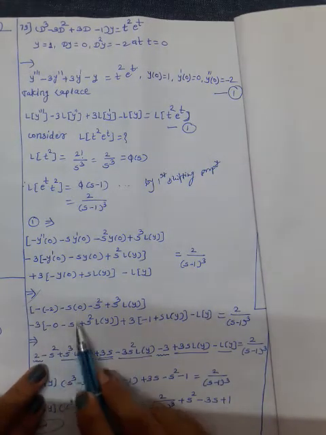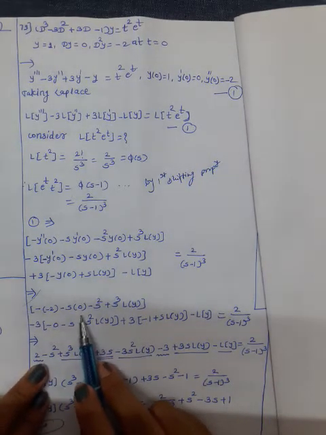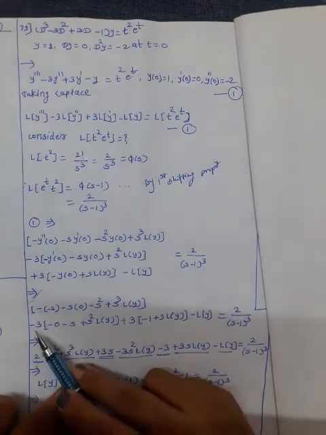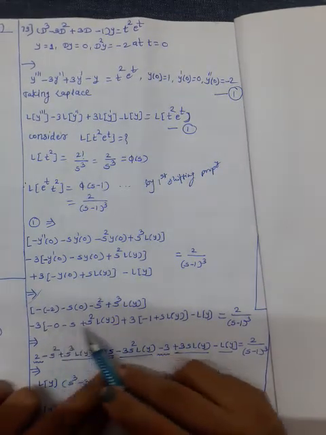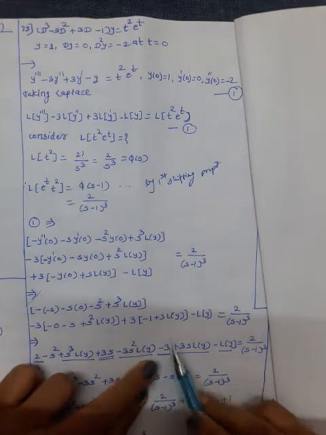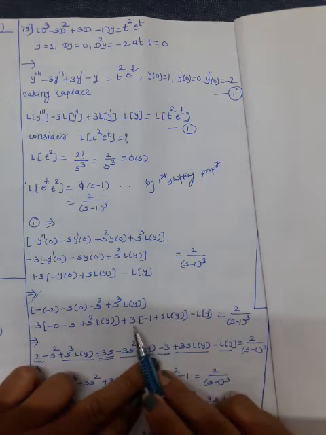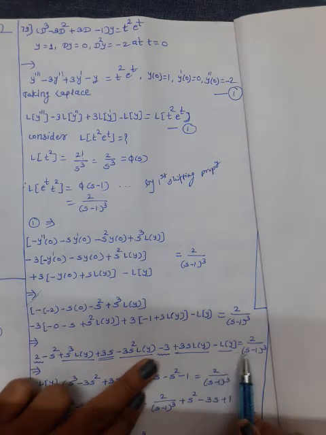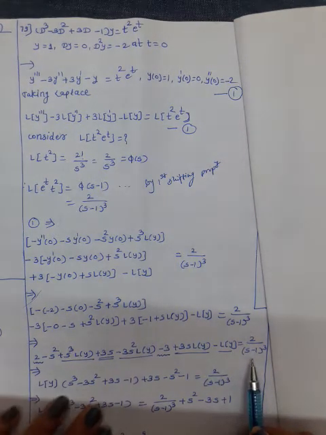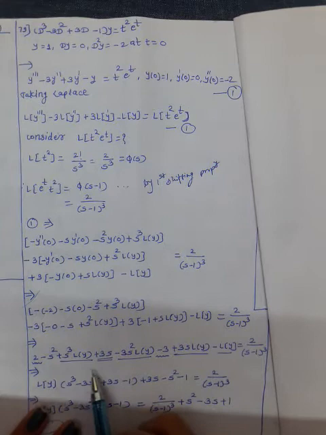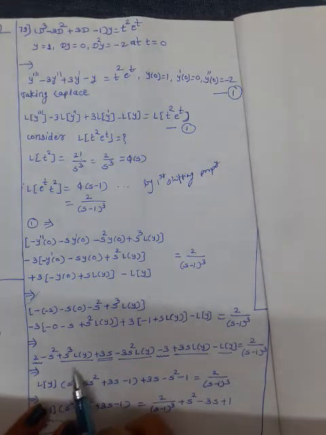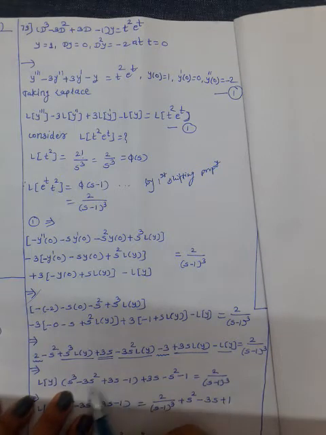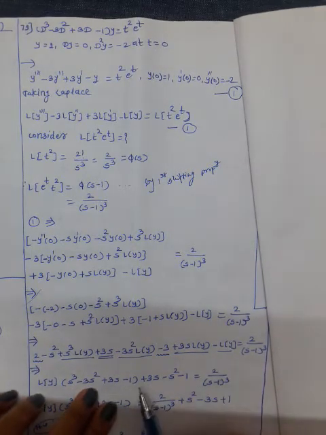Minus minus plus 2 minus s into 0 is 0, no need to write 0, minus s square plus s cube L of y plus, this is minus minus plus 3s minus 3s square L of y minus 3 plus into plus, that is plus 3s L of y minus L of y, RHS side as it is. Okay, now underline the similar terms here. First take L of y common from these 4 terms. We get s cube minus 3s square plus 3s minus 1.